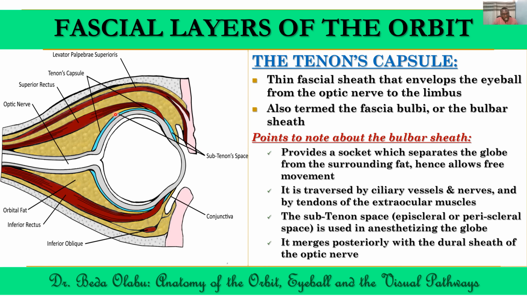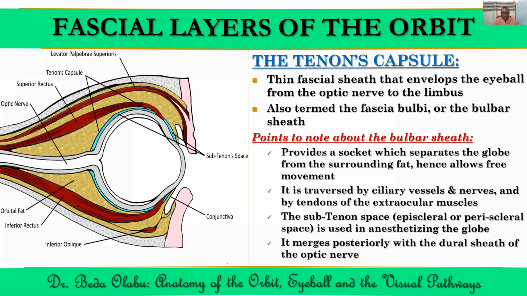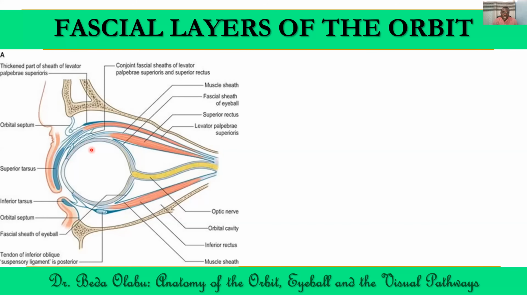Posteriorly, that fascia merges with the sheath of the optic nerve. So remember, the sheath of the optic nerve was merging with the periorbita much posteriorly, but even here, it also merges with the Tenon's capsule. So that was the third fascial layer.